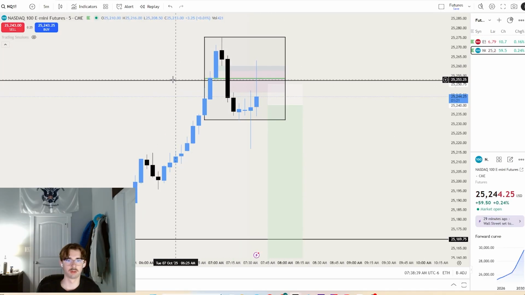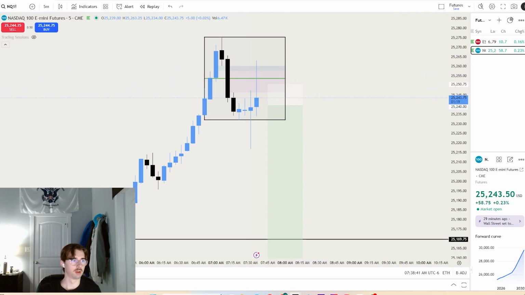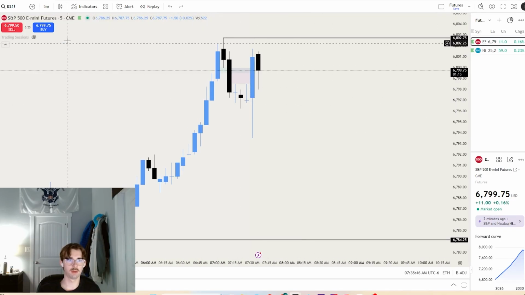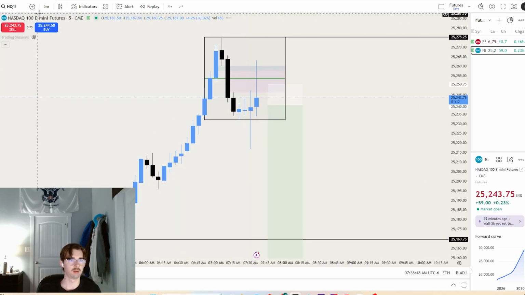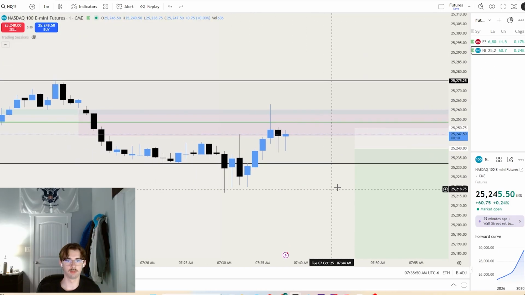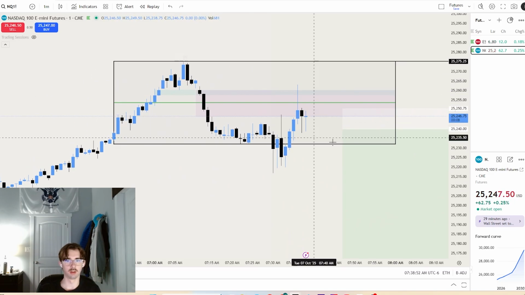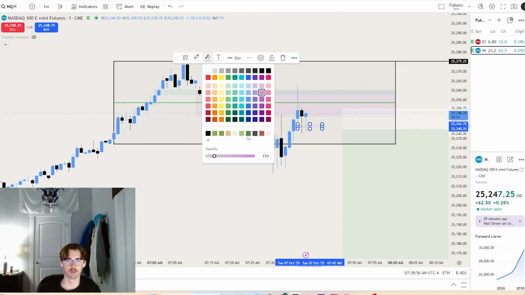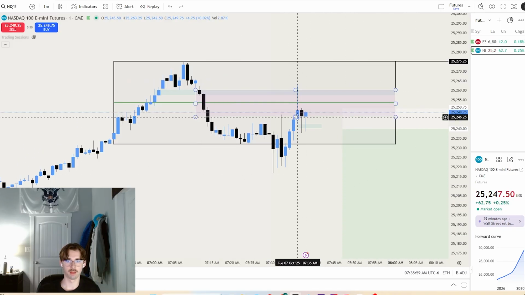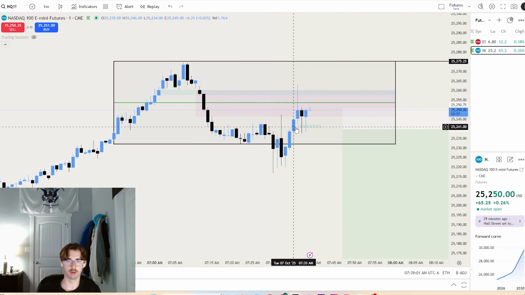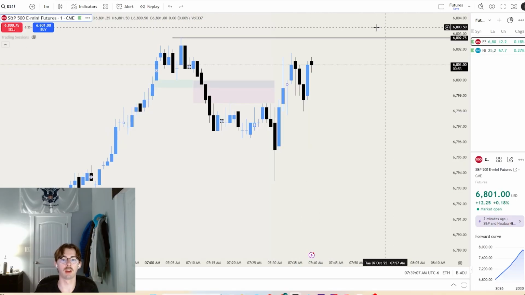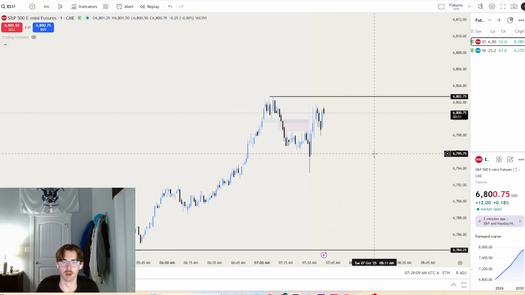We have not inversed this fair value gap yet on ES, or on Q. I'm just looking for the change in order flow off the 5 minute, and we haven't changed order flow, which makes sense because ES is printing super bullish right now, and Q is just kind of figuring stuff out.